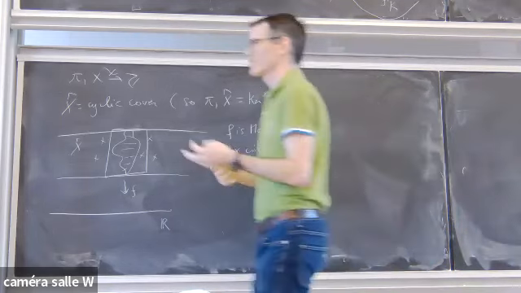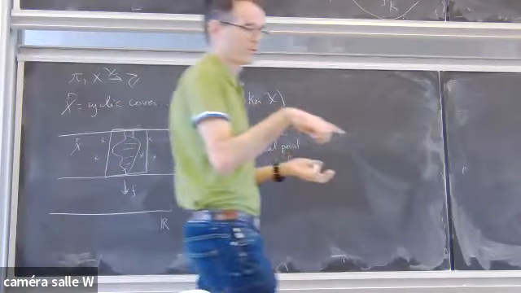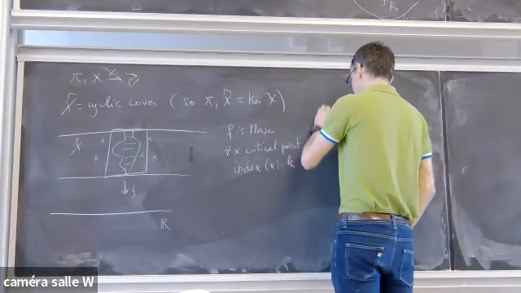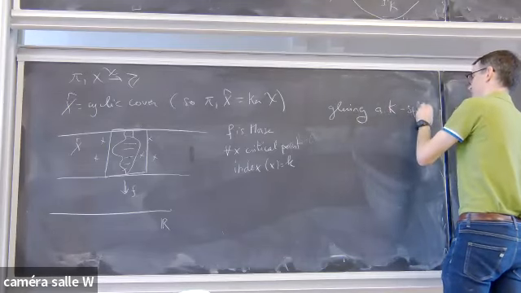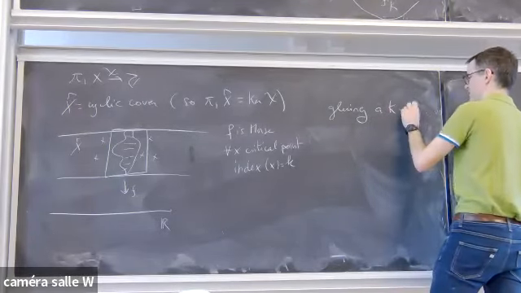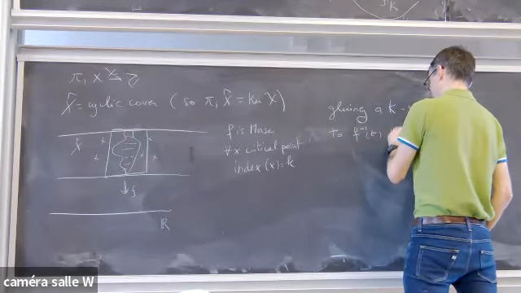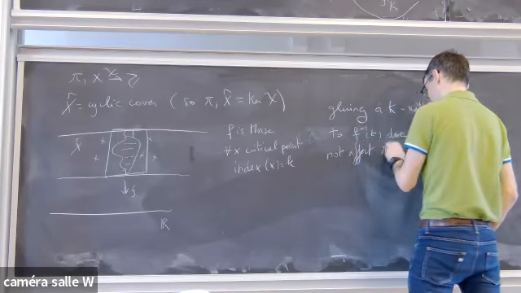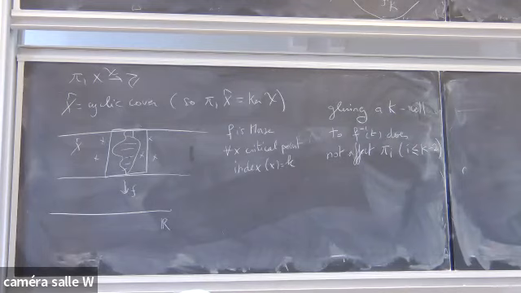So when you glue a k-dimensional cell, you kill a (k-1)-dimensional sphere, but you do not affect homotopy groups up to degree k-2. So gluing a k-cell to this manifold does not affect the homotopy groups.